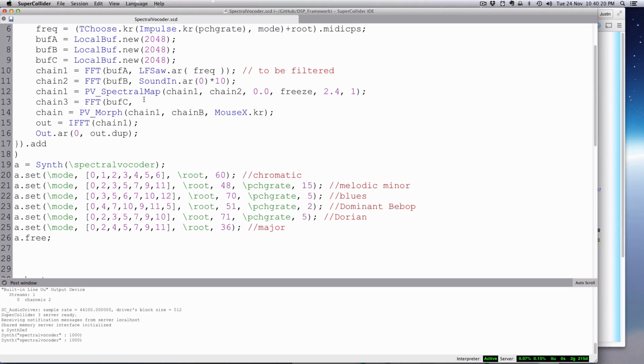Then take some other sound, that could be a play buffer. We take that, chain 3 there, and then have another process on morph. So mapped, morphed to something else. Finally, the last part of the chain would be to take the inverse Fourier transform, bring it back out into the time domain, and then stick it out.